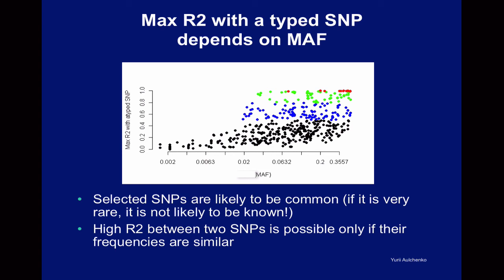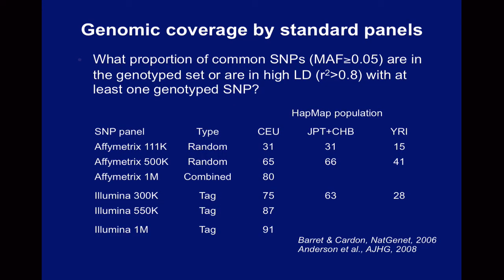So from this graph you see that all my red SNPs, the SNPs which are on the array, are common or relatively common, and they have potential to tag only common SNPs, while the rare variants which are present in the genome are not well tagged at all.